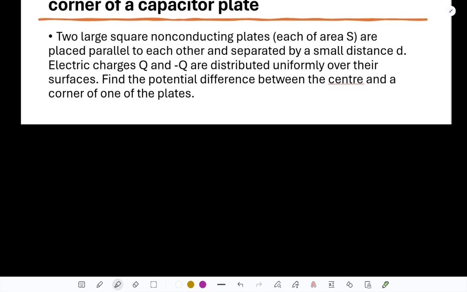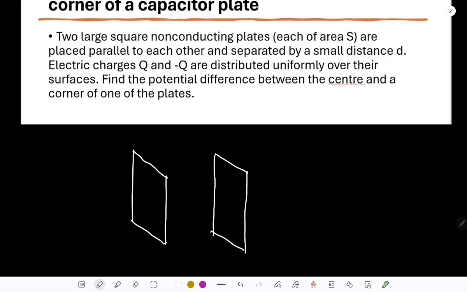We have plates like this. Like this. And we need to find out the potential difference.